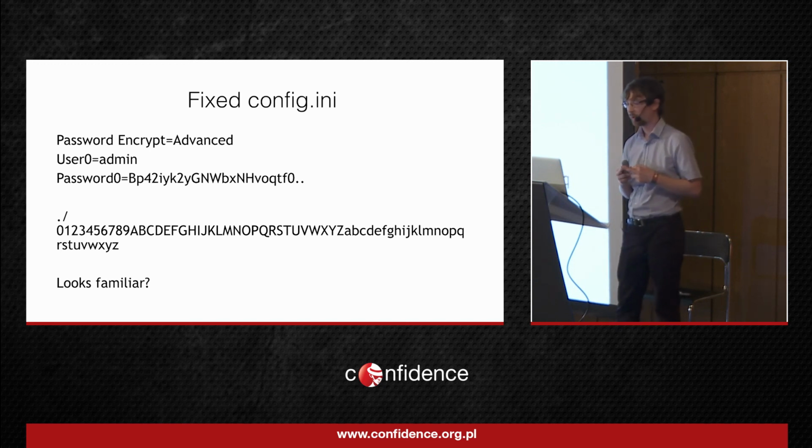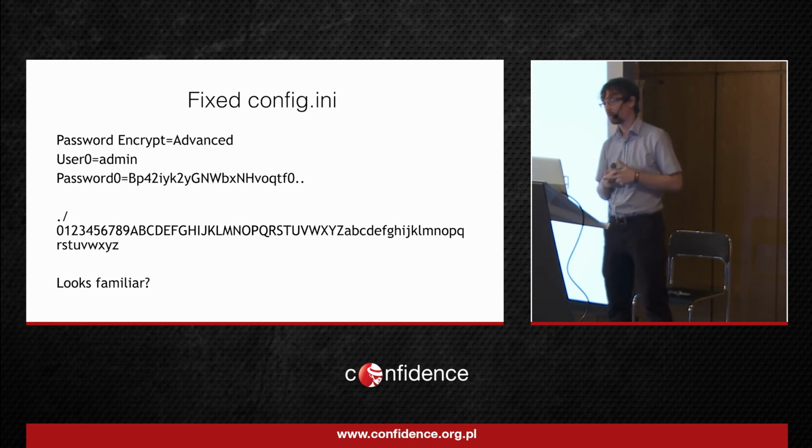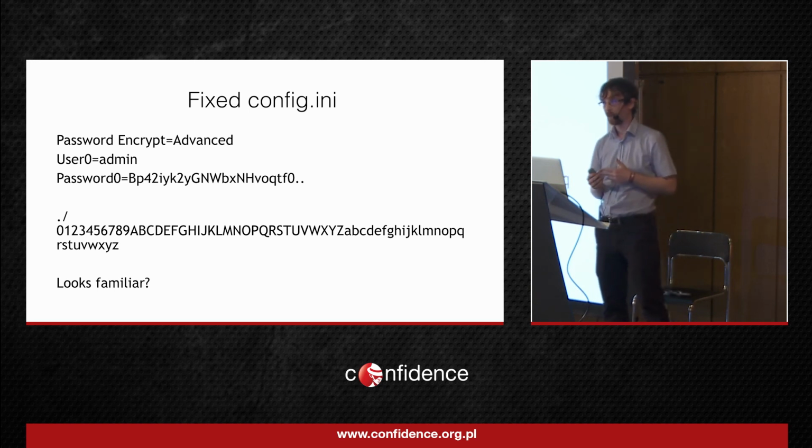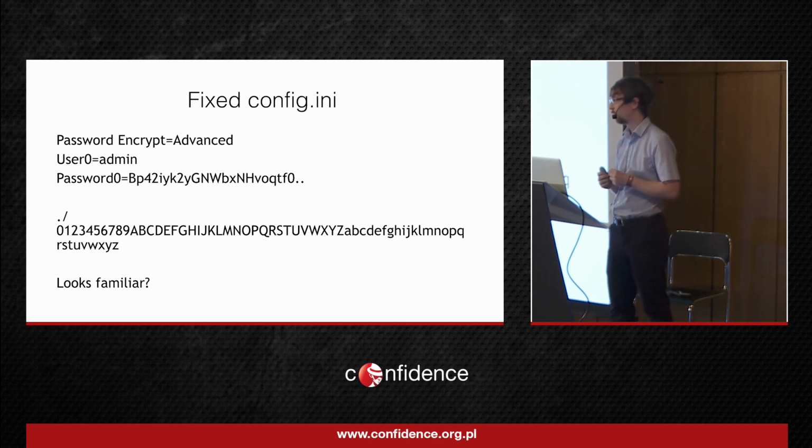And as you can see here, the password looks different. But let's think for a while about this password and replace the dot with the equals sign. Then this password looks very familiar to base 64. So I tried to decode this password using base 64, but it failed.